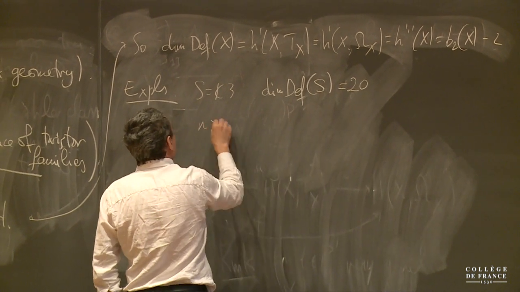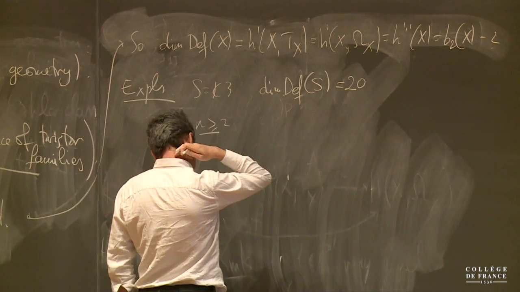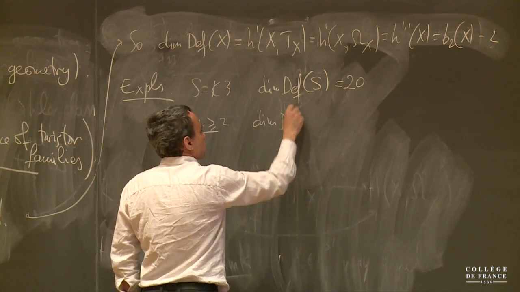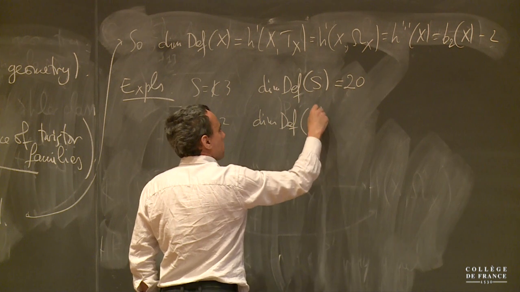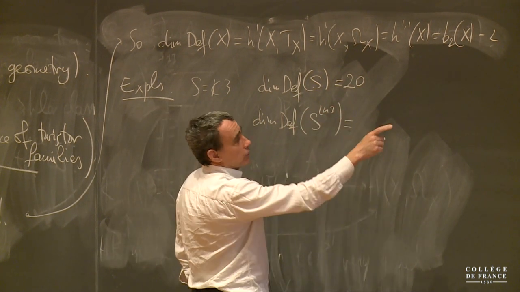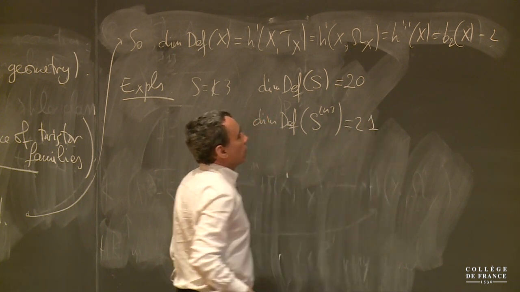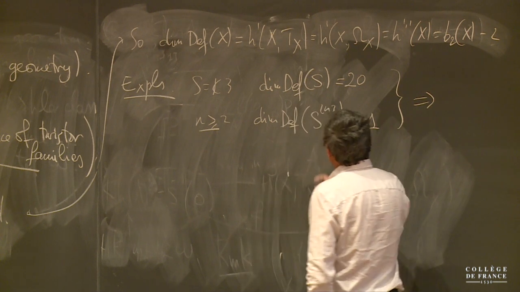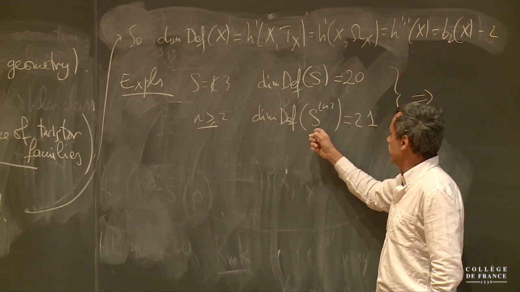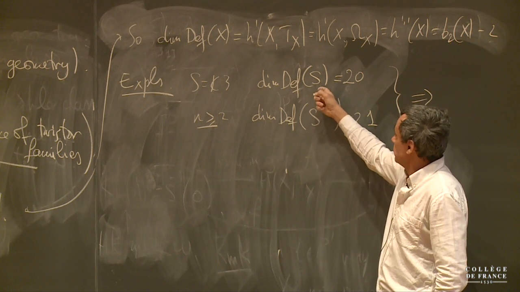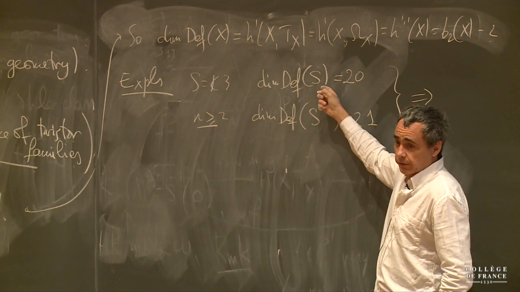And now if we look at deformations of a Hilbert scheme, in which n is at least 2, then this is 21. So this implies that if you look at a very generic deformation of this Hilbert scheme, it's not isomorphic to a Hilbert scheme itself.